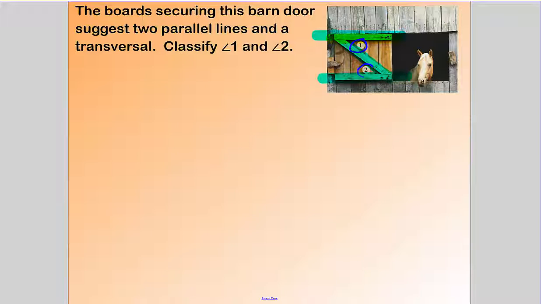I have to identify the relationship between 1 and 2. Those are inside the parallel lines, so they're going to be interior angles, but they're on opposite sides of the transversal, so they're alternate. And that's it.